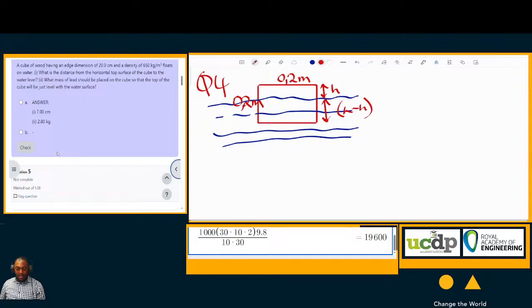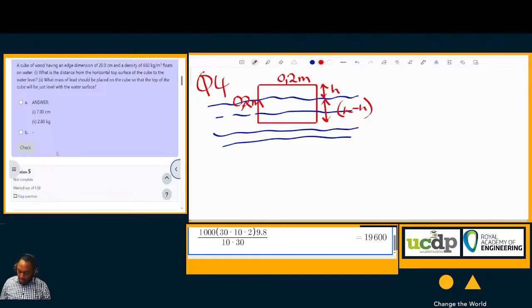Now let's understand the question. We're supposed to find the distance from the horizontal top surface of the cube to the water level, so that value h. First and foremost, we can determine this from knowing about our buoyancy, because that is what is keeping it afloat, and it will be equal to the weight of the block.